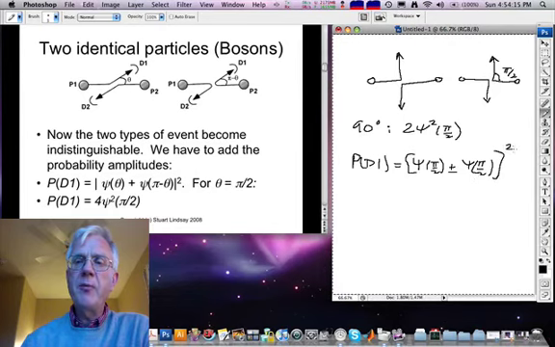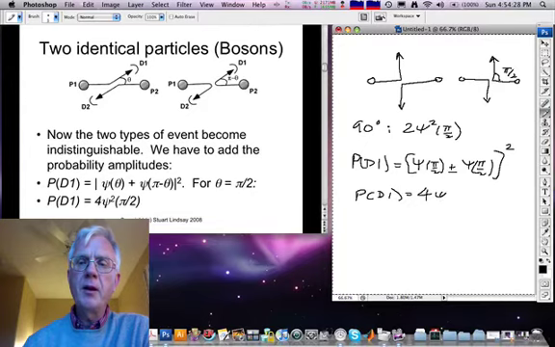In the case of bosons, we take the plus sign, and so the probability of detecting a particle in detector 1 is then given by this quantity plus this quantity squared, 4 times the probability of scattering at 90 degrees, or twice the classical result.